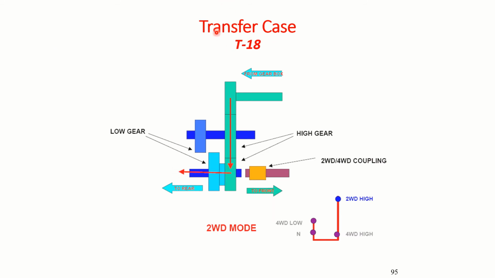Now for the T18 transfer case, let us look at the mode of operation. Here I am talking about two-wheel drive mode of operation. You can see here in the transfer case, this is transferred to the rear differential, this is to the front differential.